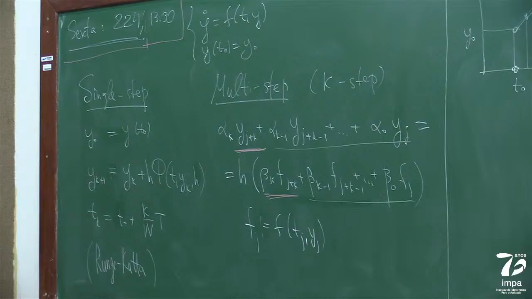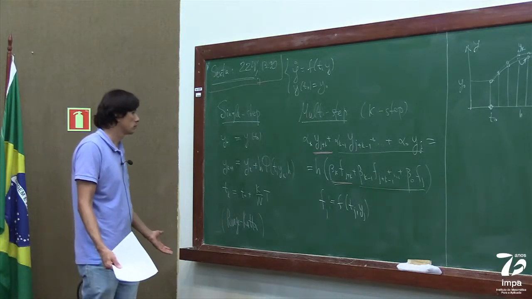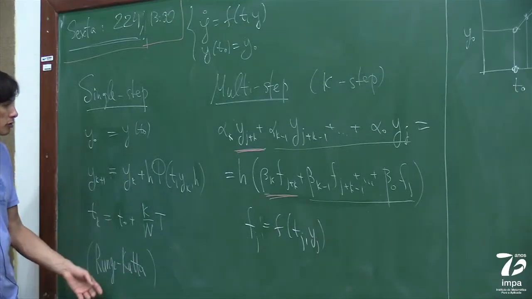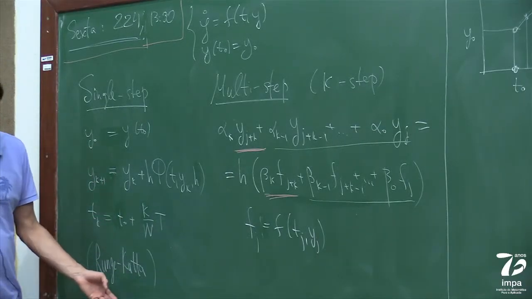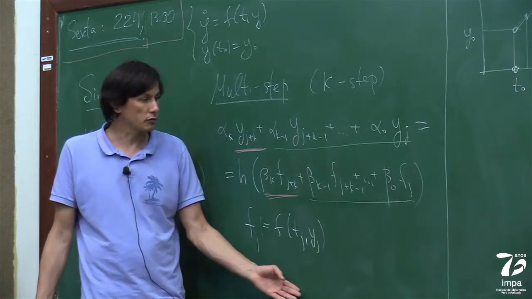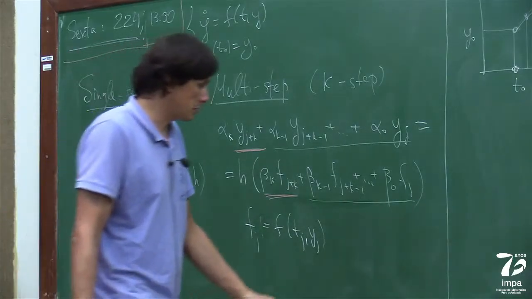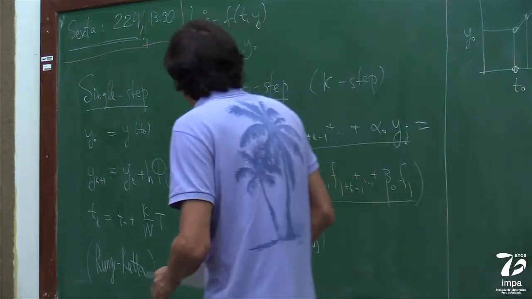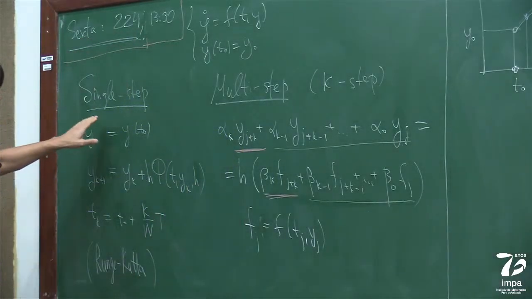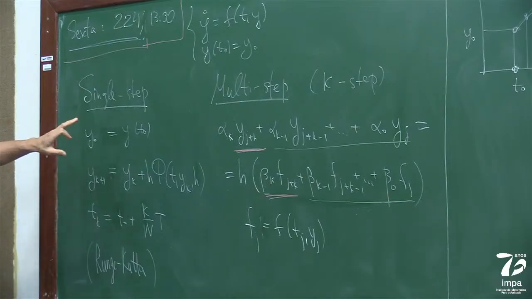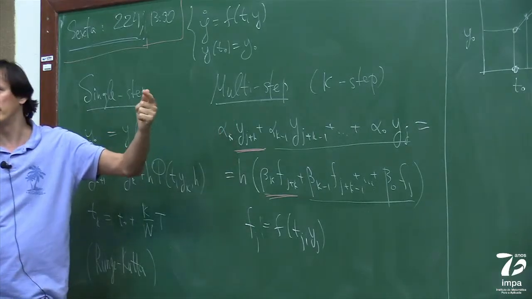So it's certainly better, because here, in order to have a high order scheme, you need to compute many functions. And here, if you want a high order scheme, you just use what was already computed. So that's different. Certainly a single step method is in a sense a particular case of multi-step when k is 1.